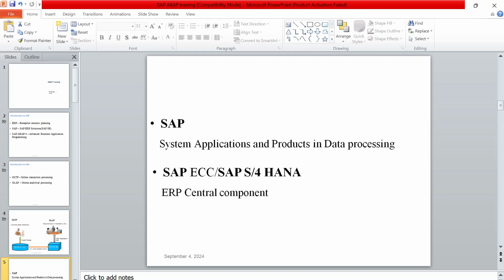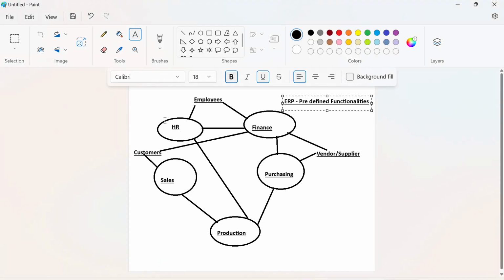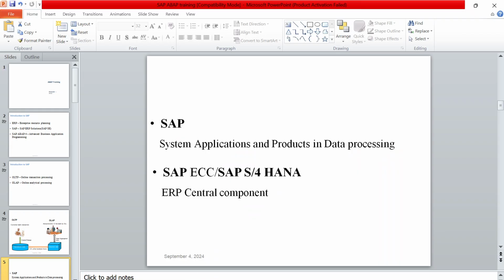Okay, is everyone clear? So what is the role of an ABAP developer? Work with the functional people to gather the requirements. Functional in the sense, if you take different departments, they have functional consultants who will gather the requirements, right? And you need to work with functional consultants to understand the requirement.